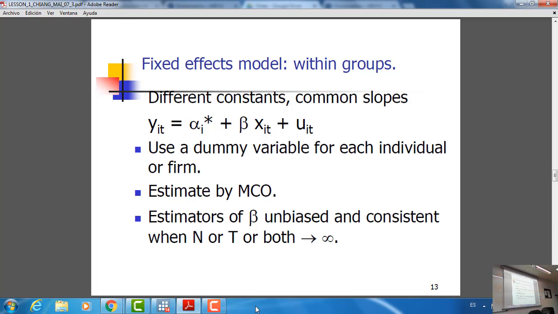The reason is that all the assumptions of the Gauss-Markov theorem hold. I'm not going to remind you of all of them; you can search Google for the assumptions of Gauss-Markov and you will find them. So OLS is a useful way of estimating this model.